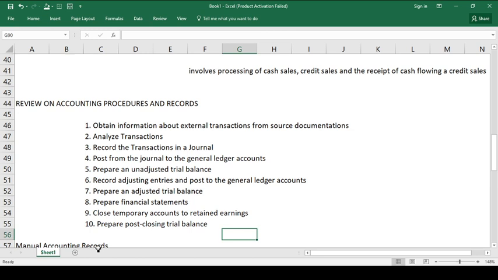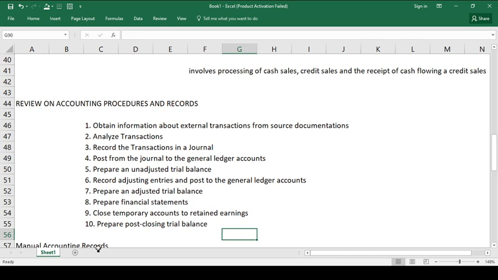So from those documents, we are able to identify the information needed for accounting records. Then from those documents, the second step that we need to do is to analyze the transaction. On analysis of a transaction, you need to know whether there is a value parted with or value received, so that we can identify what to debit and what to credit. That is the analysis of transaction.